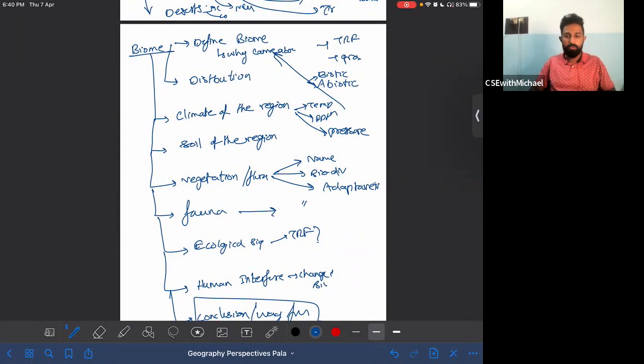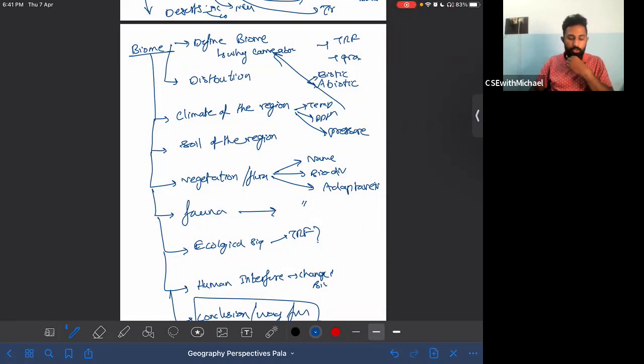So we'll take up a couple of biomes and try to identify what things there are in this framework, using this framework. First, to define what a biome is: biomes are regional groupings of plants and animals living in their habitat.